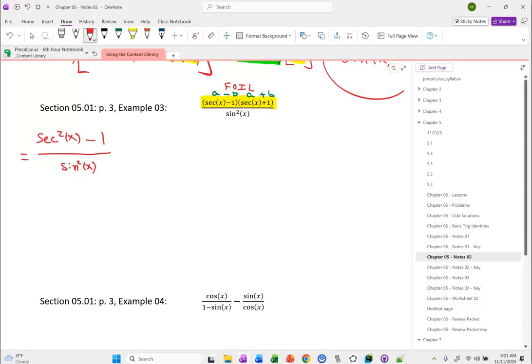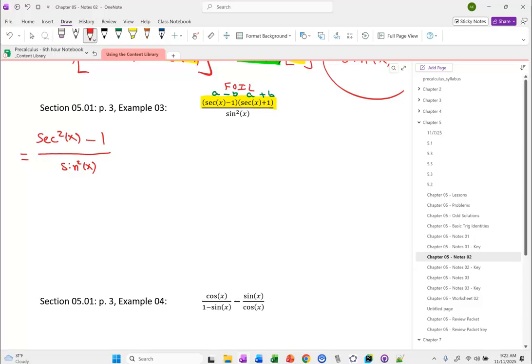I am probably going to start with my Pythagoreans because I have things that are squared and a 1 rattling around in there. That's usually a pretty good place to start. Looking at my Pythagorean identities in the middle, which one seems relevant for us? P3 is a great option.